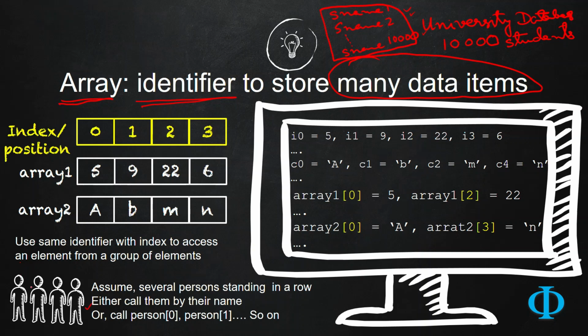So let's say you start with 0, and the person, whoever it is, it may be Alice or anyone, the person who is coming in the beginning of your line, you are calling that person as person 0. Then the next person who is coming in line, you are calling person 1. The next person who is coming, you are calling person 2. The next one is person 3. Something like this.